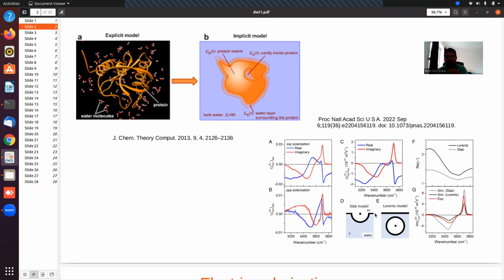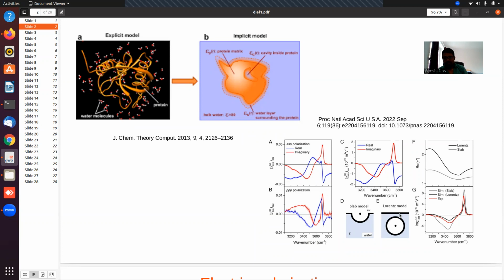But whenever your system has inhomogeneity, like this protein surface or air water interface, you don't know how much it would differ from this average value that you measured. So for the local response you have to know the local dielectric constant.